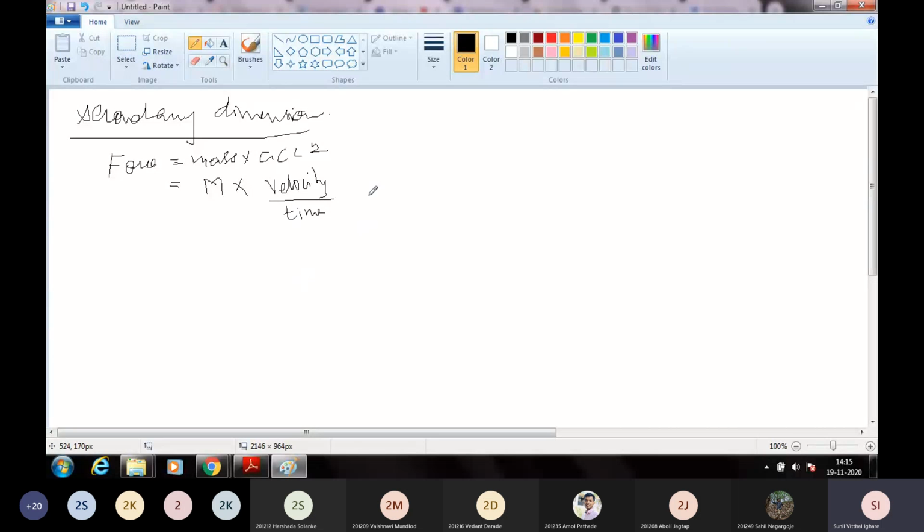If I simplify again, can I write velocity is equal to displacement divided by time? Yes, we can write. So in a fundamental dimension, velocity v, displacement I can write in terms of length L divided by time T. That means v is equal to L divided by T.